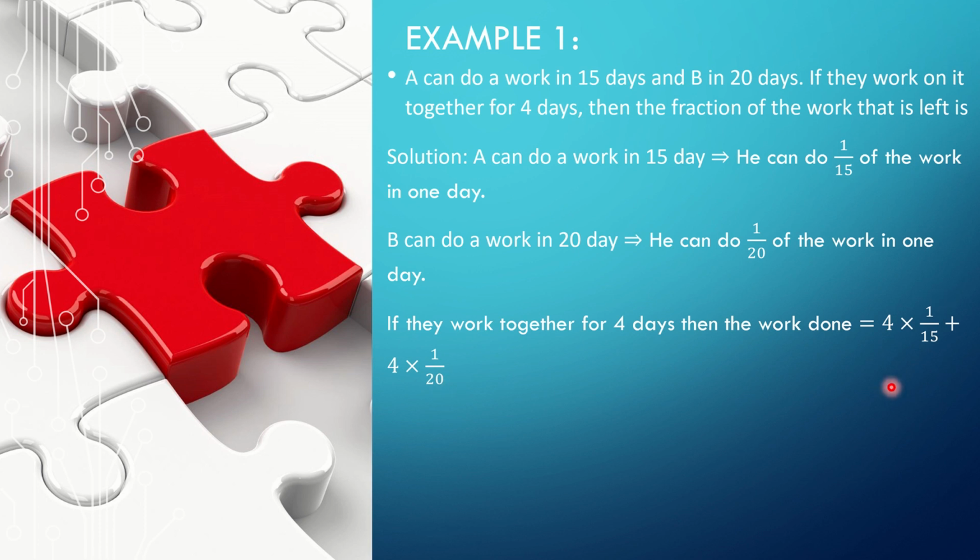So all work done by them together will be 4 into 1/15 plus 4 into 1/20. Taking the LCM of 15 and 20, which is 60, it simplifies to (16 plus 12) divided by 60, which is 28/60.